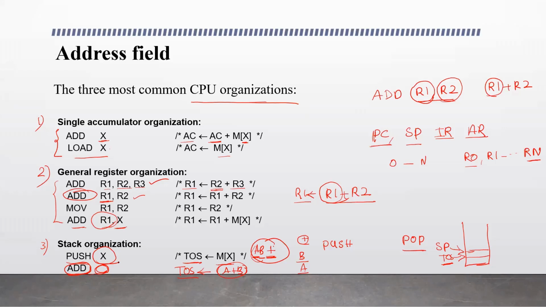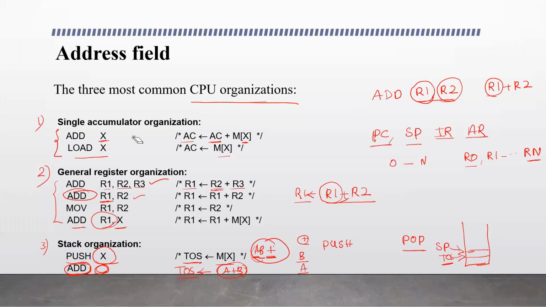So here we are learning all these organizations to understand the number of address fields in the instruction formats. Single accumulator organization uses a single address. Add X means add the content of memory at location X to accumulator. Accumulator is not specified here explicitly. We have not given AC, a register, but in this organization it is automatically understood that the other operand is an accumulator.